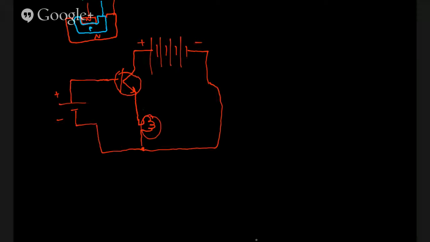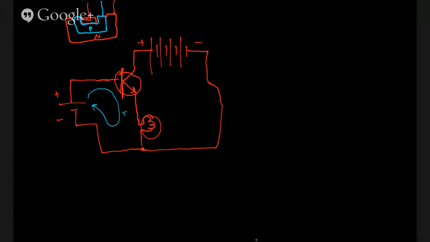All right, so in our basic little circuit here, we've got a small voltage driving the base of our transistor, causing it to switch on and allow current to flow. So we have a small current between here, and actually it'll go like this.